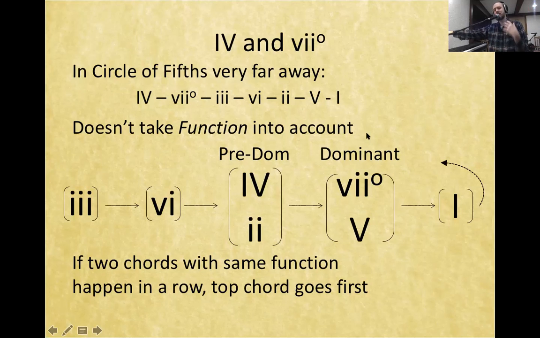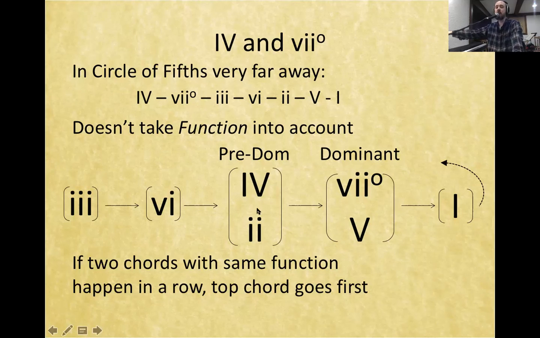The important thing is the way we write it in this chart helps us to see where the important relationships are. So what we do is we write 4 and 7 on the top of this little area, and we keep 2 and 5 on the bottom, because 2 and 5 are the foundation of predominant and dominant harmony.